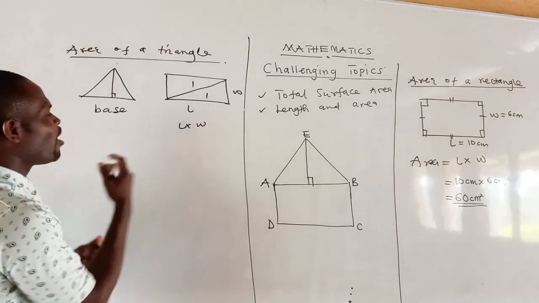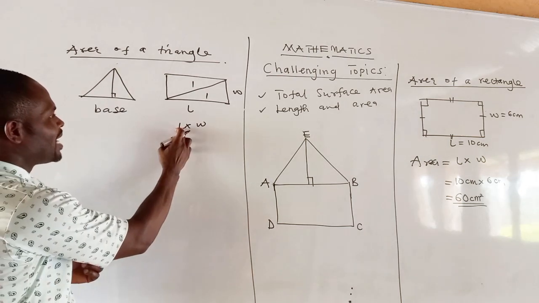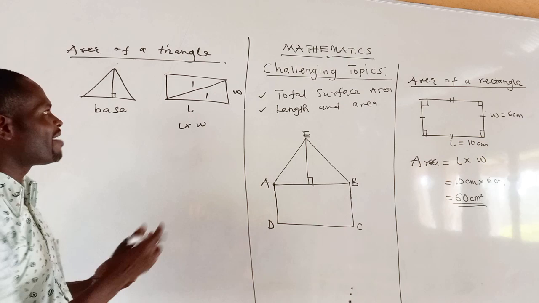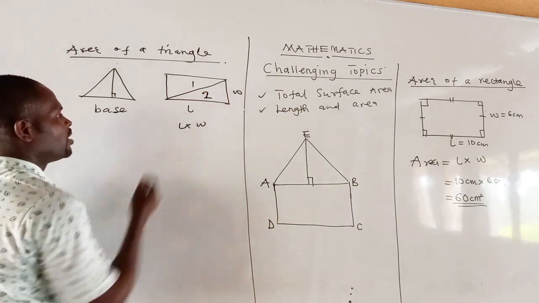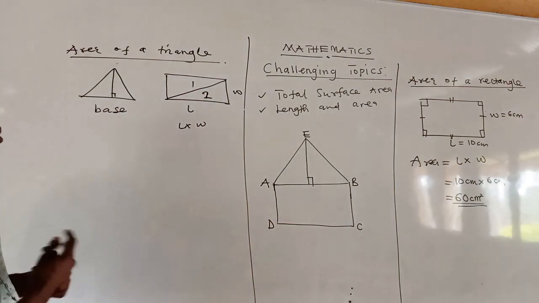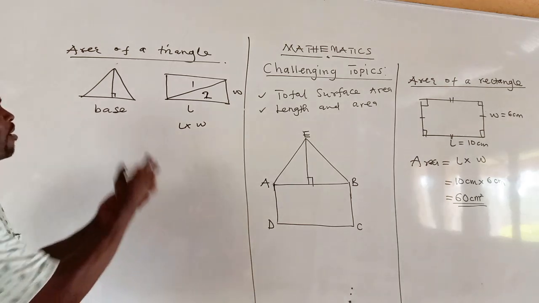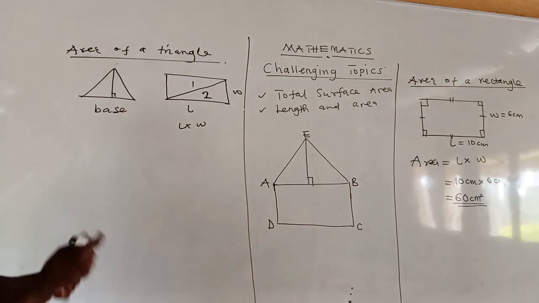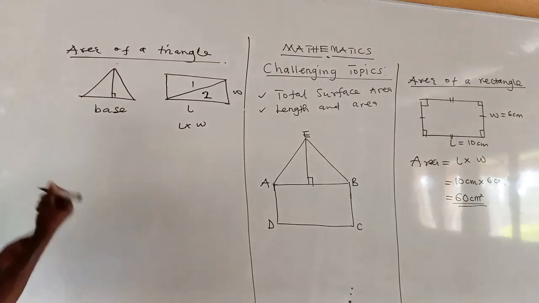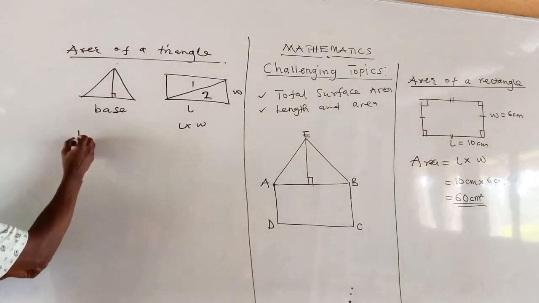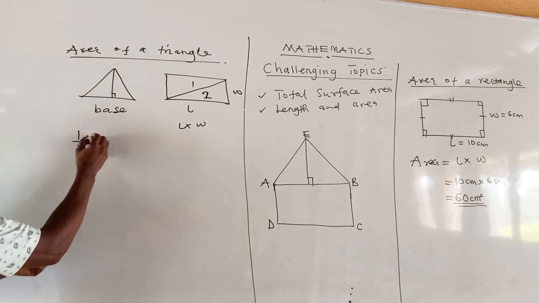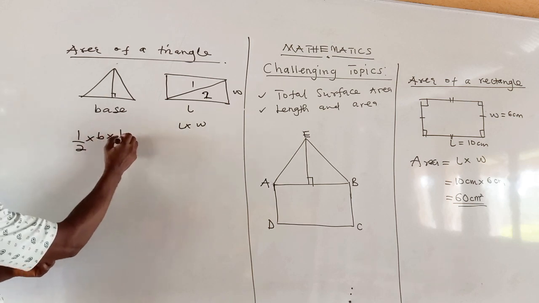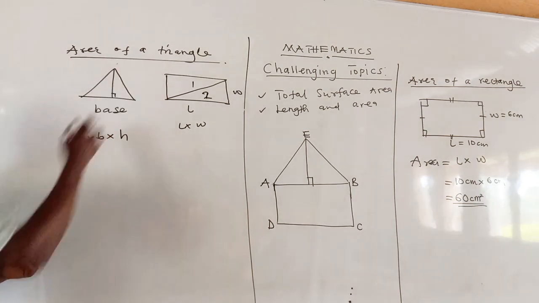So if the area of a rectangle is length times the width, that means the area of a triangle will be half of the area of the rectangle, which is the length times the width. So we say that the area of a triangle is half times the base times the perpendicular height, not the sloping side.